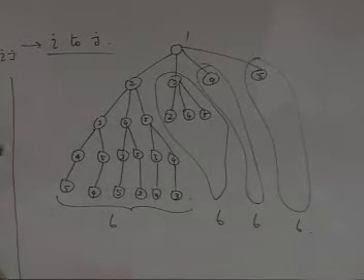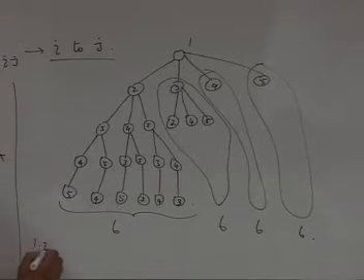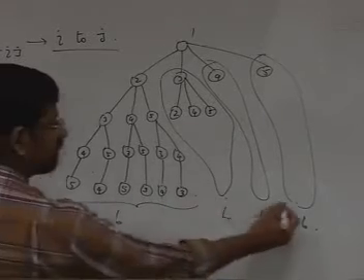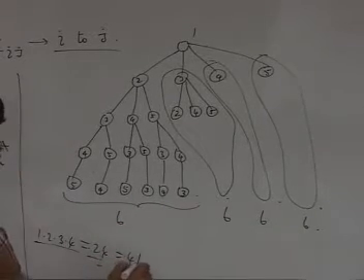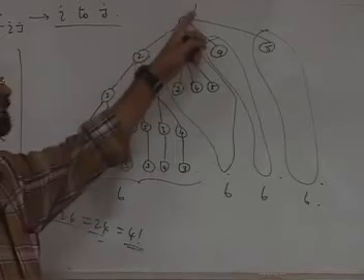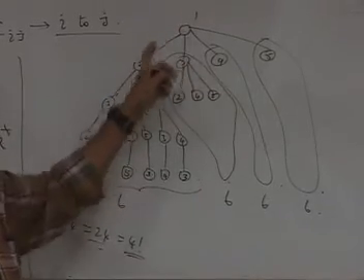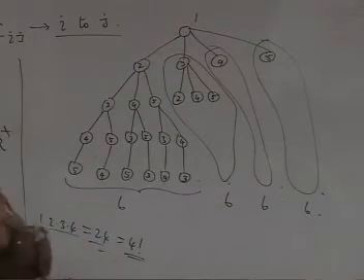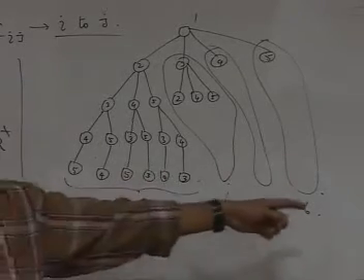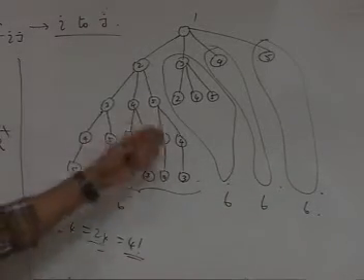So this is 1 into 2 into 3 into 4, 24. There will be 24 leaves, which is 4 factorial. And this is n minus 1 factorial. I am considering 1 as fixed, 2, 3, 4, 5 I can do in any order, and every order will be covered by one node or other. So what does this path correspond to?